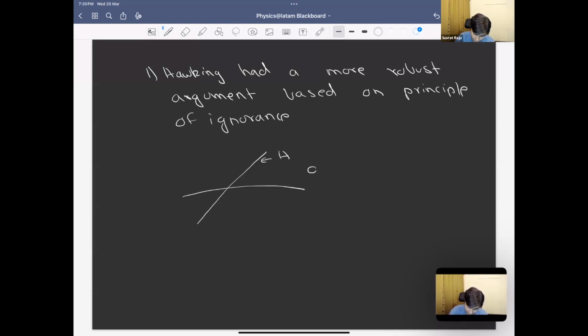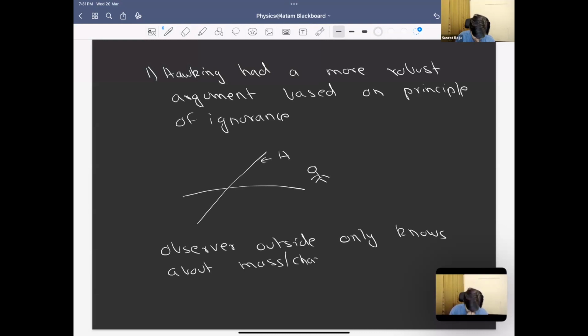Then the observer outside only knows about mass, charge, and angular momentum of the state inside. Right? This is the principle of ignorance.